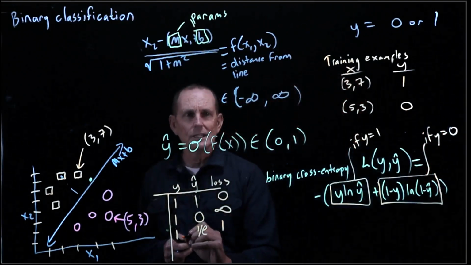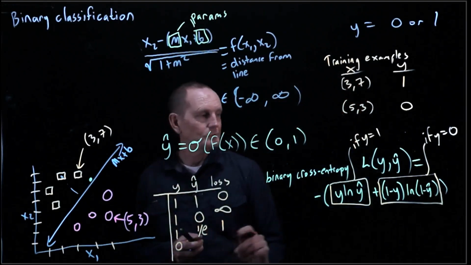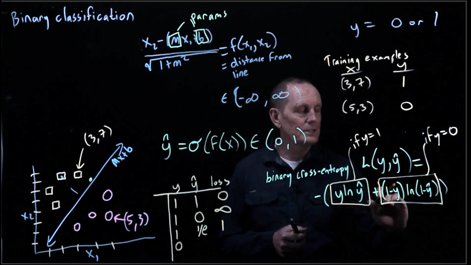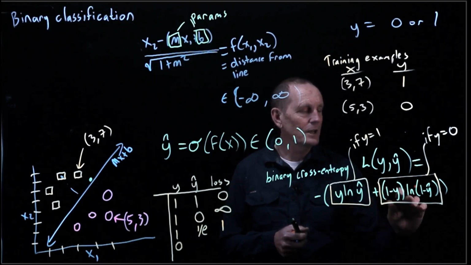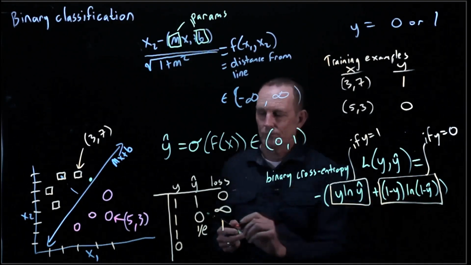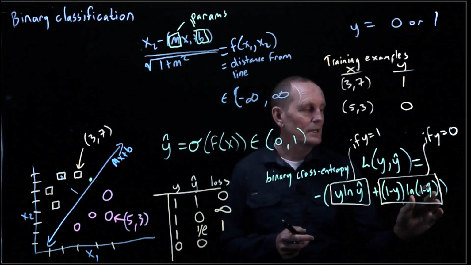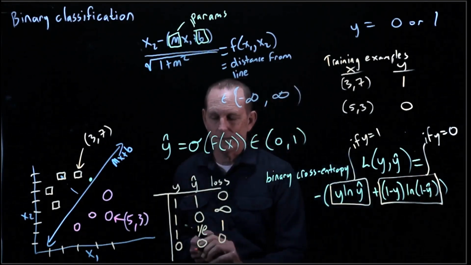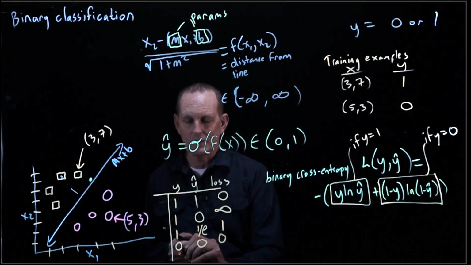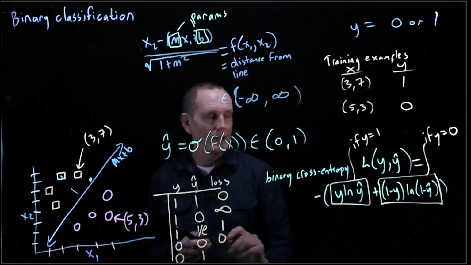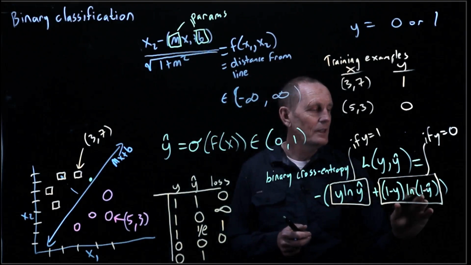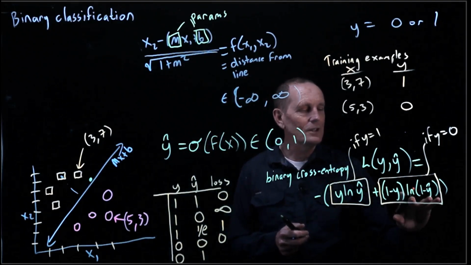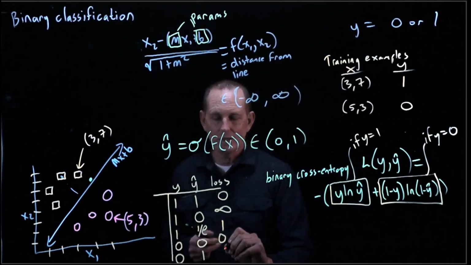Continuing our chart, if y equals 0, then the first term is 0, and this is now 1 times log of 1 minus 0. The log of 1 is 0, so this term is 0 too. So that's correct. And again, if y is 0 and y hat is 1, then this is going to be negative infinity, and so this is all going to be positive infinity.